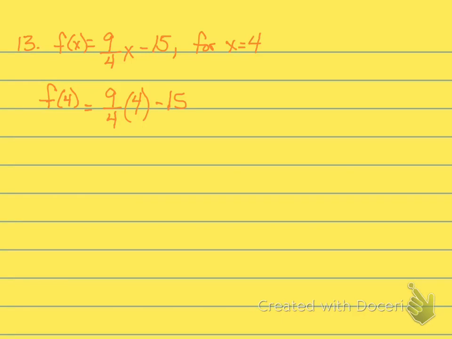Now I have 9/4 times 4 over 1. My 4's reduce out, so that leaves me with 9 minus 15. 9 minus 15 is negative 6. So when x is 4, y is negative 6.